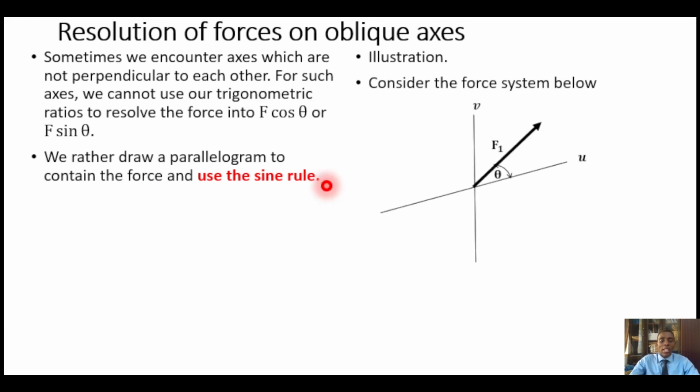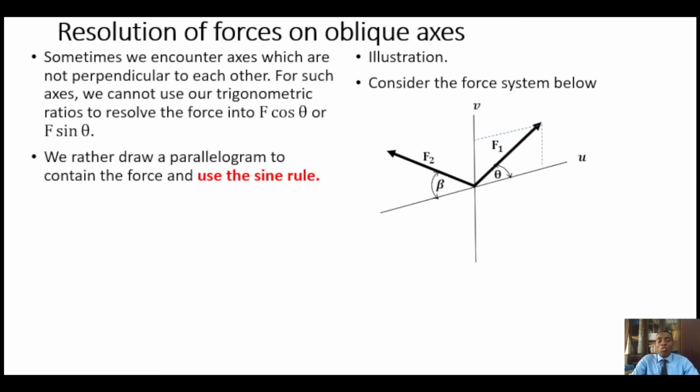I have this force F1 with an angle theta. U and V are not perpendicular to each other, so I cannot use the system of rectangular components, so I cannot use sine theta and cos theta here. Similarly, there is this force F2 making an angle beta with the U axis.